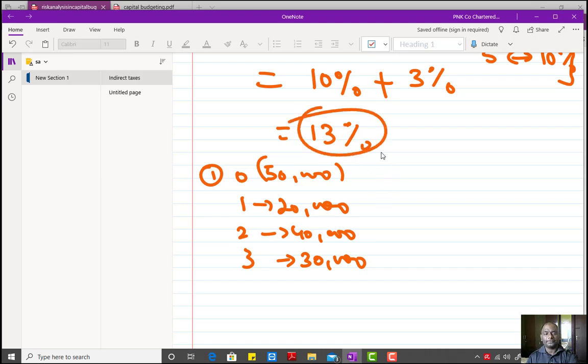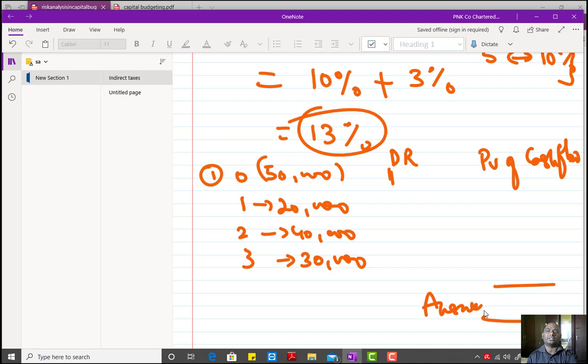Apply 13% as your discount rate, work out the discount factors and multiply. Whatever the present value of cash flow you get, work out the problem and arrive at the answer. If it is positive, accept the project. That's all, very simple. Risk adjusted discount rate is nothing but the risk free rate plus your risk premium. Very clear? Now we will work out one problem.